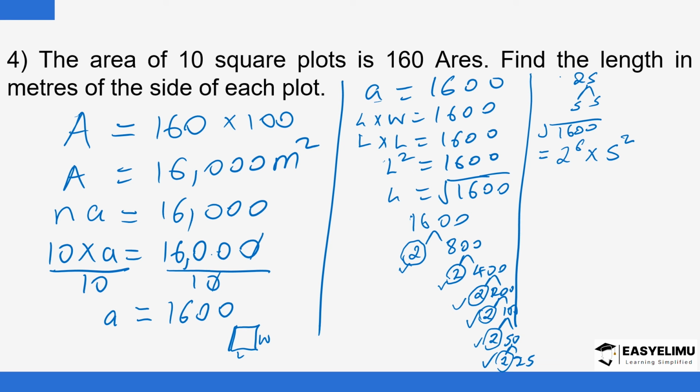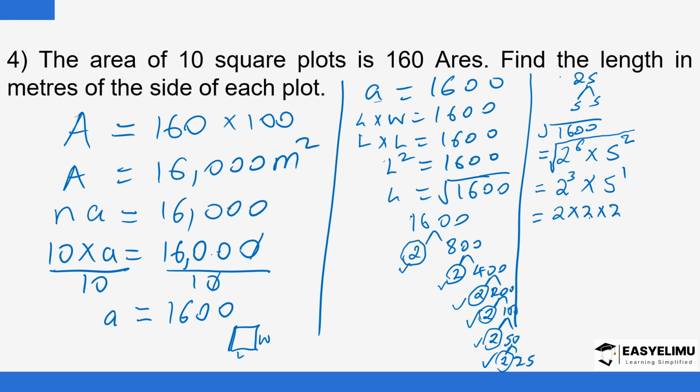That becomes 5 power 2. So this is square root. So when you're finding the square root, what you'll do is simply divide the powers by 2. So if you're dividing the powers by 2, that becomes 2 raised to power 3 and then 5 raised to power 1.